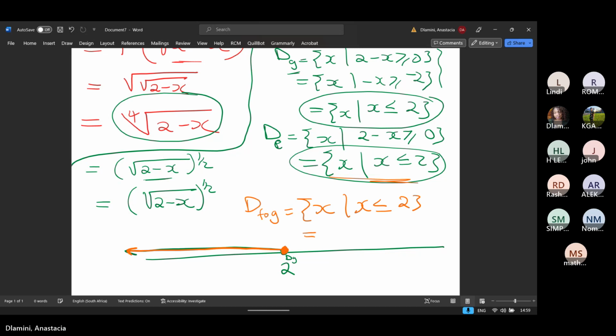Can someone give me the interval notation? This is a set notation. Open bracket. Yes. Negative infinity to 2, including 2.